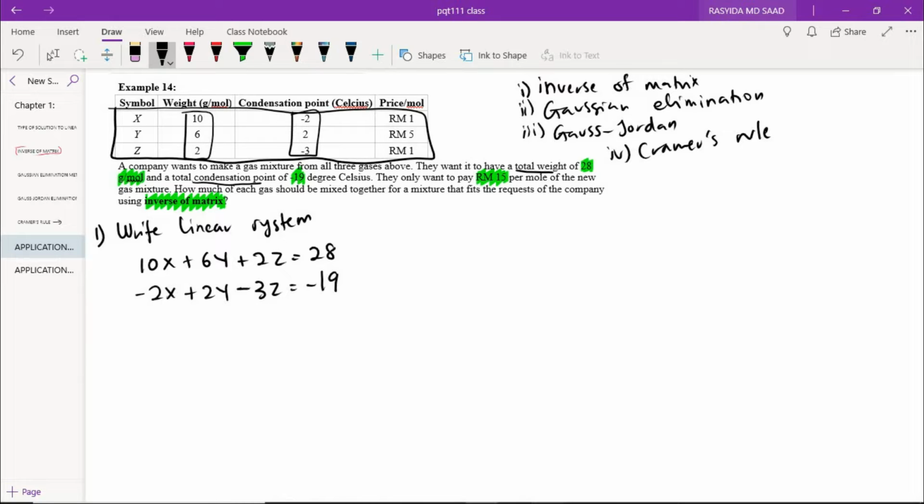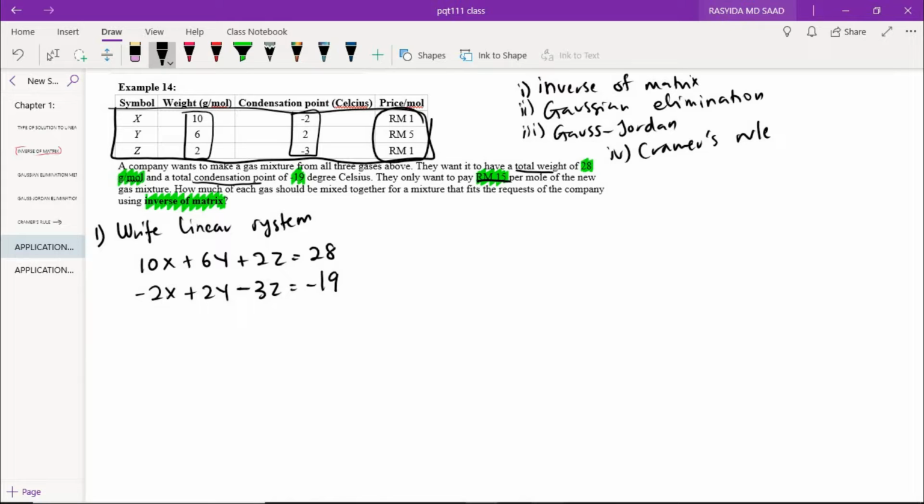And then they only want to pay RM 50 per mole of the new gas mixture. How much of each gas should be mixed together for a mixture that fits the request of the company? The total they only want to pay is RM 50 per mole of the new gas mixture. So the total of all of these should be equal to RM 50. We just write down the value without the unit price.